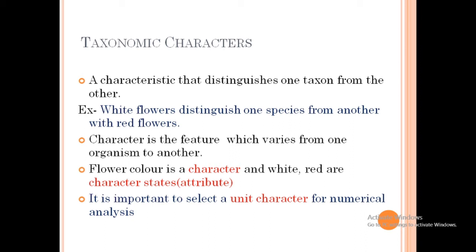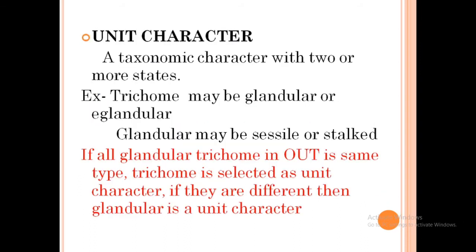Then it is important to select unit characters for numerical analysis. Unit character. You have to stick to such characters. That is very important. Now, what is a unit character? A character with two or more states. Example, trichome. What is trichome? Hairs.